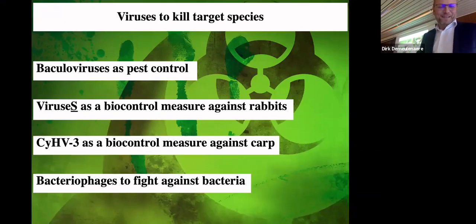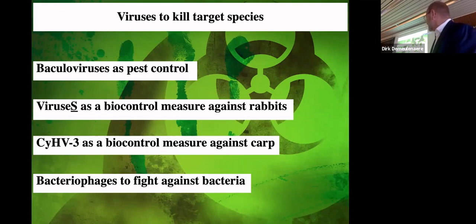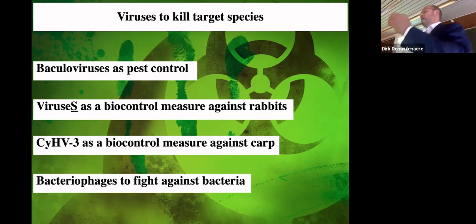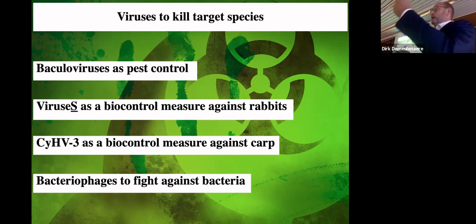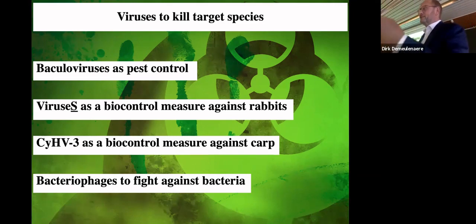Okay. Now, very briefly, two other aspects of viruses to kill target species. In this case, I'm going to talk about bacteriophage as a way to kill bacteria in an infected host. Basically, you want to use bacteriophage to kill non-self cells, the bacteria, in an infected organism.